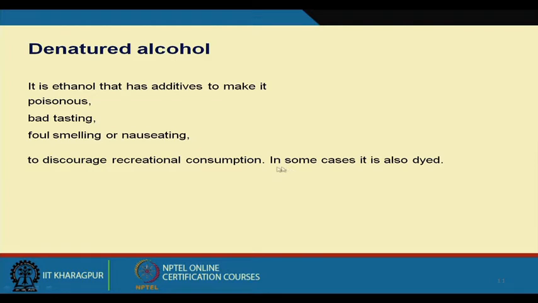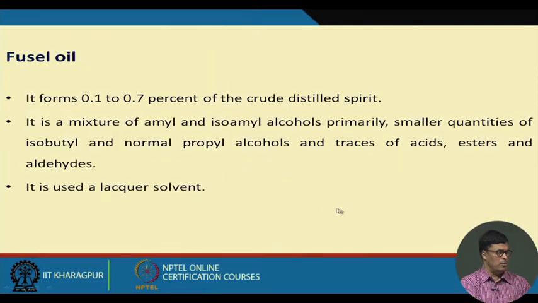Now, denatured alcohol I already explained, and I don't want to discuss it again, but the fusel oil I want to mention is 0.1 to 0.7% of the crude distilled spirit. It is a mixture primarily of amyl and isoamyl alcohol, with a smaller quantity of isobutyl and normal propyl alcohol and trace amounts of acid, esters and alcohol.